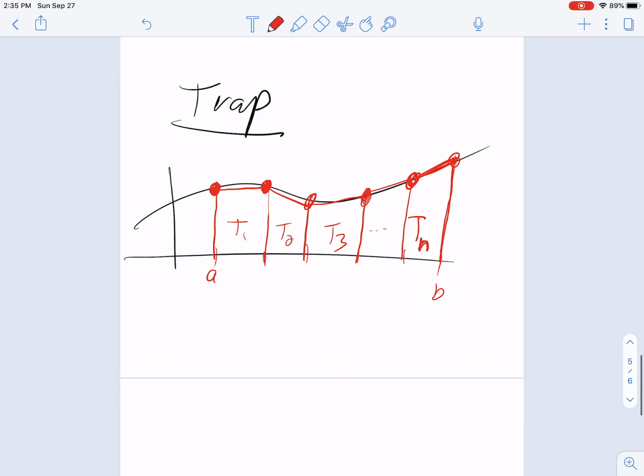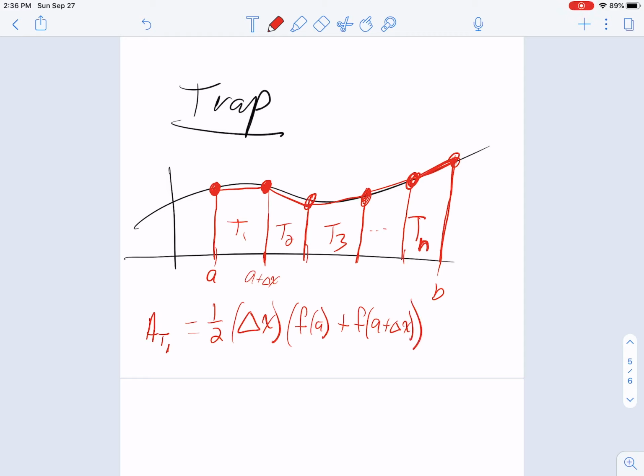And we'll notice that for trapezoid 1, this is a plus delta x. The area of trapezoid 1 is going to be 1/2 times delta x, the height, times base 1 plus base 2. That's f of a plus f of a plus delta x.